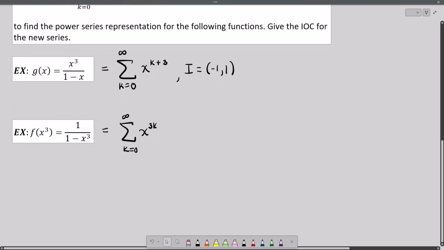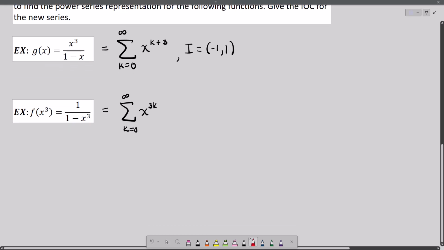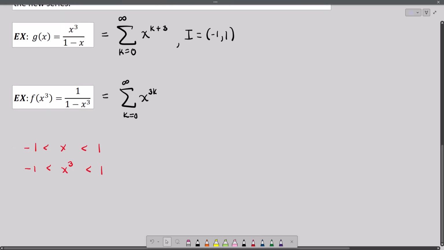Now here, the interval of convergence changes. The interval of convergence was -1 less than x less than 1. But we replace the x with x cubed, so we have to come in here and replace that x with x cubed in order to calculate the new, or potentially new, interval of convergence.